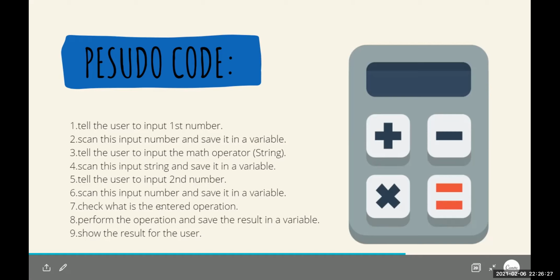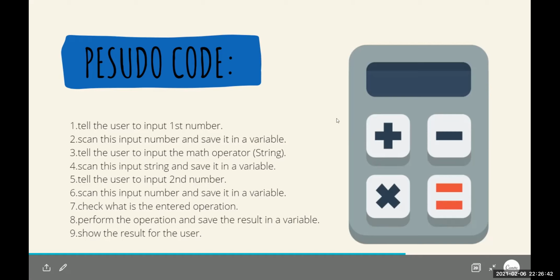Check what the entered operation is, perform the operation accordingly and save the result in a variable. And finally, we will show the result to the user.